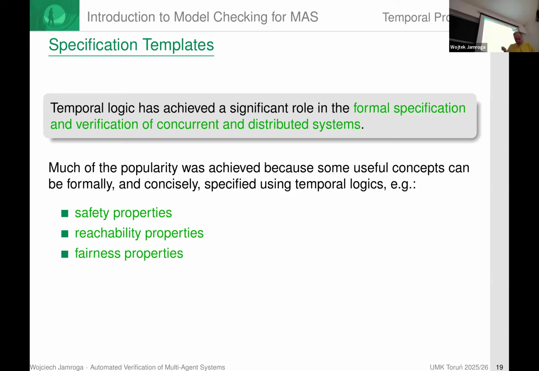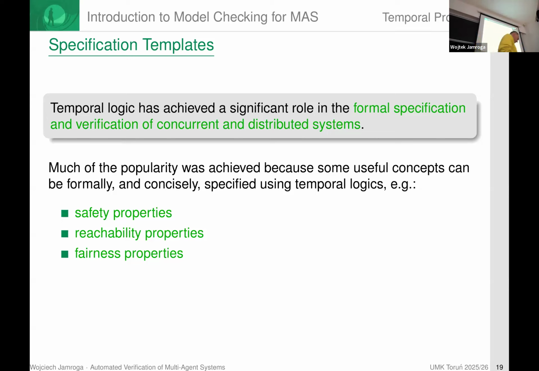Let's say if we want to specify the properties of parallel processes and coordination, communication, things like no deadlock, no starvation, no violation of critical section, and so on, then they can be expressed in a very neat way using those temporal operators.